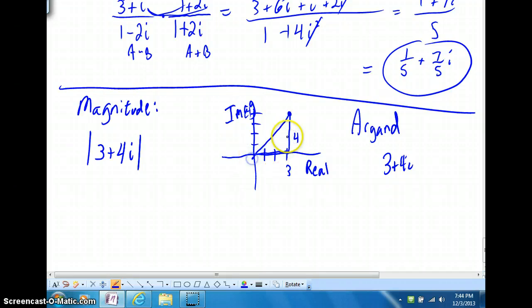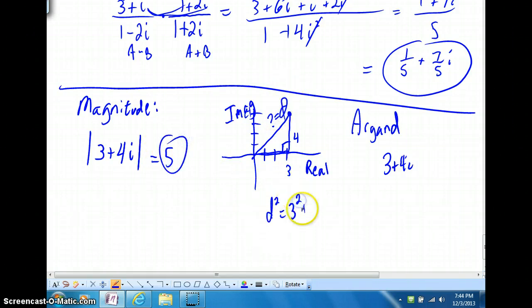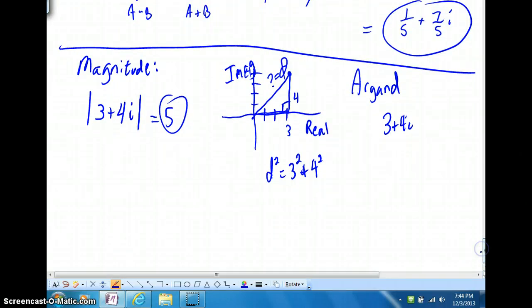And if you remember your geometry, this distance right here is going to be 5. From the Pythagorean theorem, you could call that a d if you'd like. d squared equals 3 squared plus 4 squared, and then take the square root of it. But I hope we know the most famous Pythagorean triple of all, the 3, 4, 5. So magnitude is always going to refer to distance from 0.